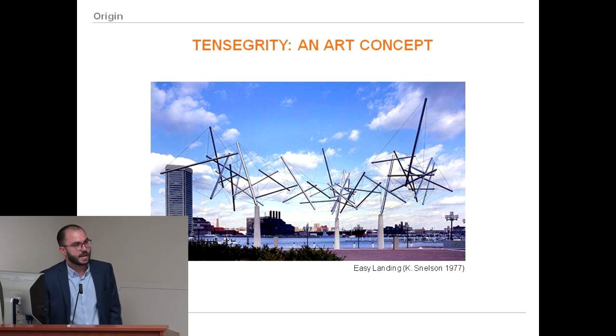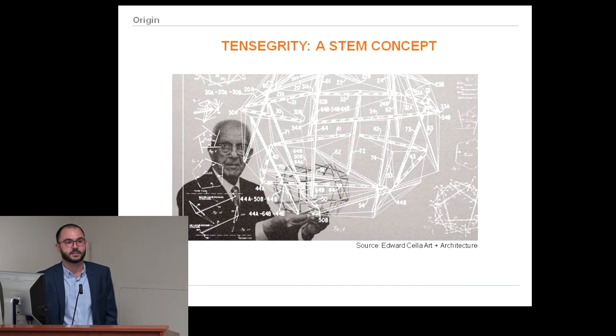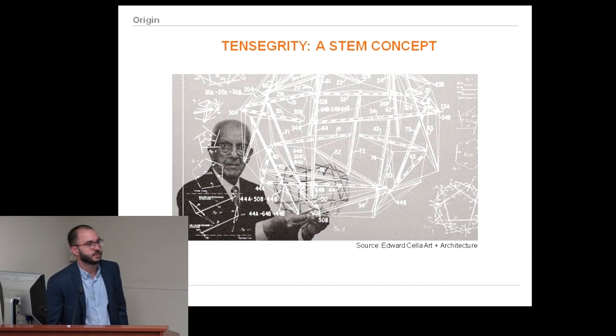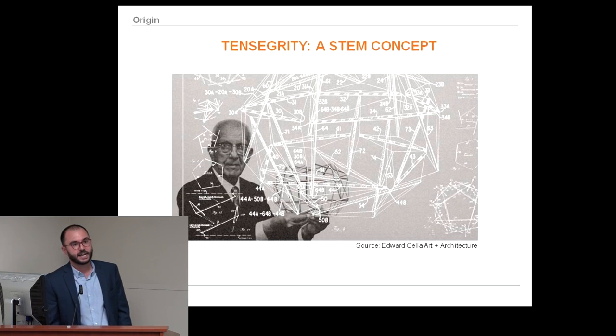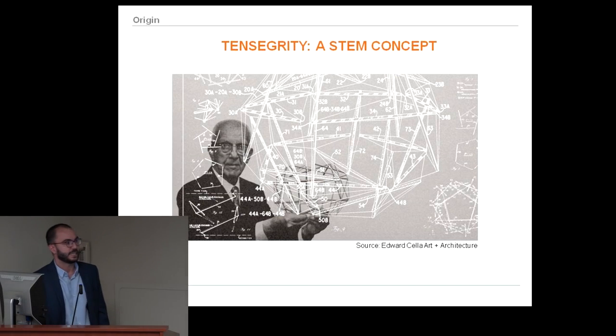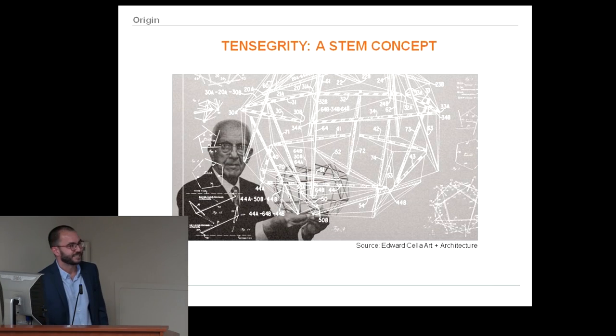Directly when he did that, he was working with Buckminster Fuller. Buckminster Fuller is a well-known architect and engineer, and he was a multi-dimensional personality. He came up with the word tensegrity, tension and integrity, which was then used in multiple other projects.